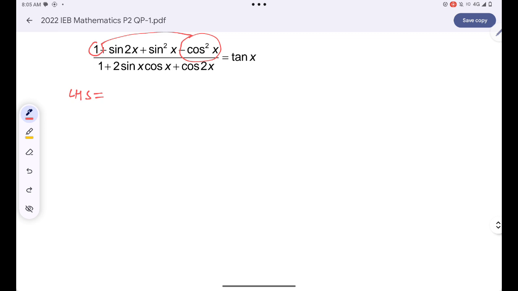So here the angles are already reduced. So all I need to do is to go and check my rule number 2. I have 1 minus cos squared x, right? This will give me sine squared x plus, yes, I do have sine 2x plus the sine squared x, which was given there.